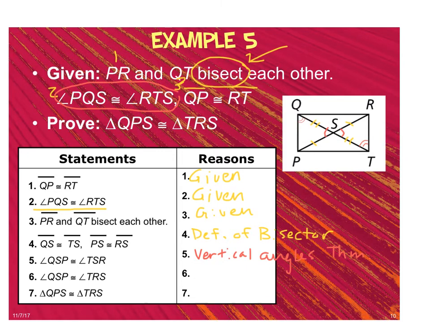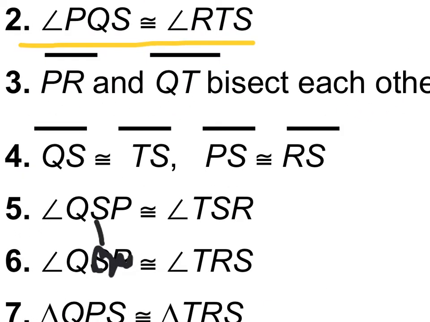So next for statement 6, there's a typo in this one. It's supposed to be angle QPS. So QPS is congruent to angle TRS.